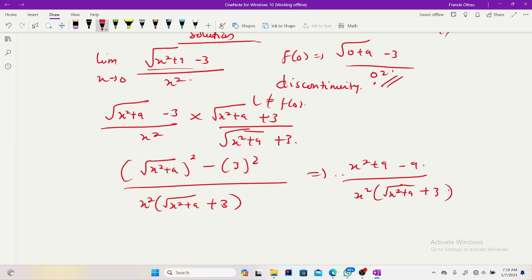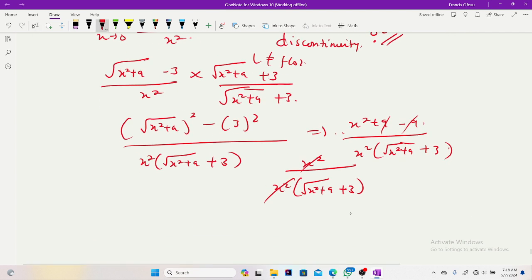At this point, 9 cancels 9, and I get s squared over s squared multiplying square root of s squared plus 9 plus 3, and s squared cancels s squared. So I'll simply get my expression to be 1 over square root of s squared plus 9 plus 3.